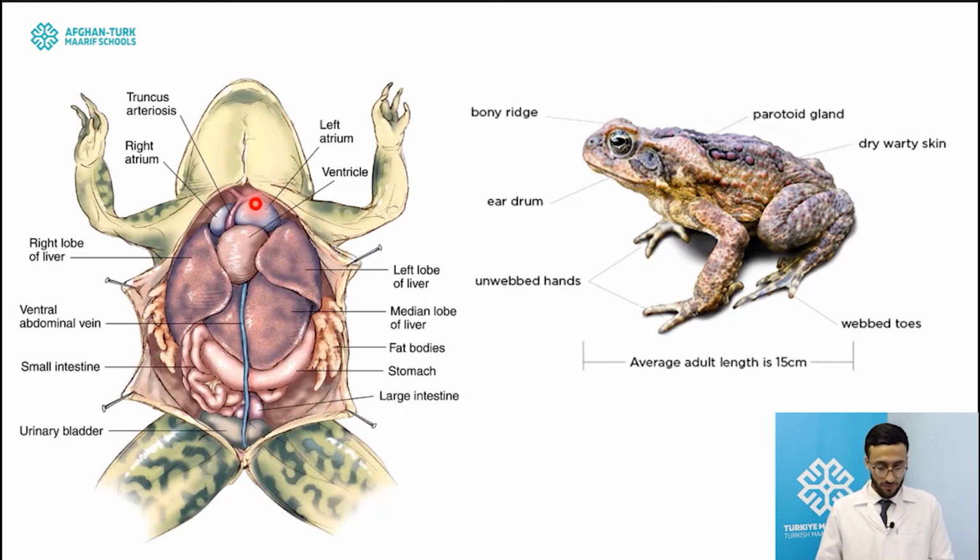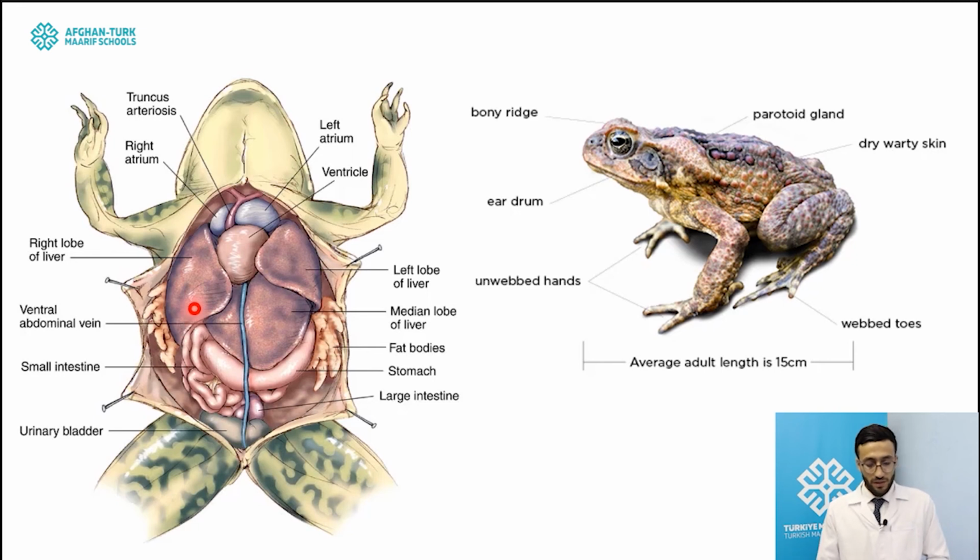Internally, most of the organs are well developed. For example, the circulatory system is composed of a heart with right and left atria and a ventricle that pumps the blood in order to irrigate the cells and tissues of the body.